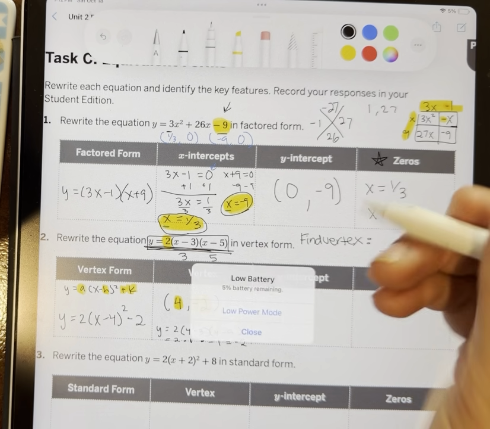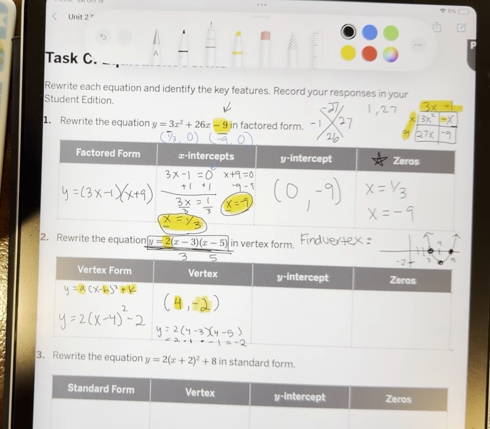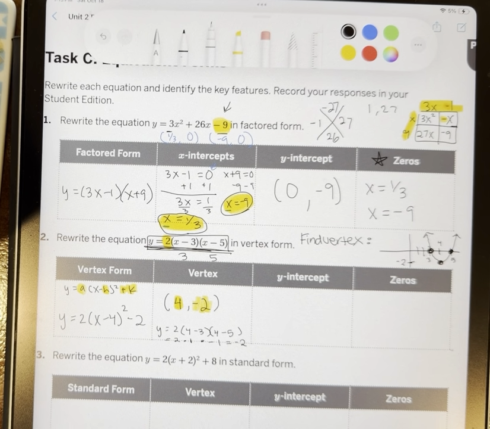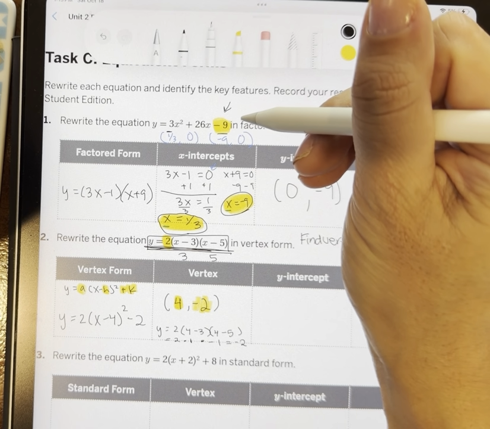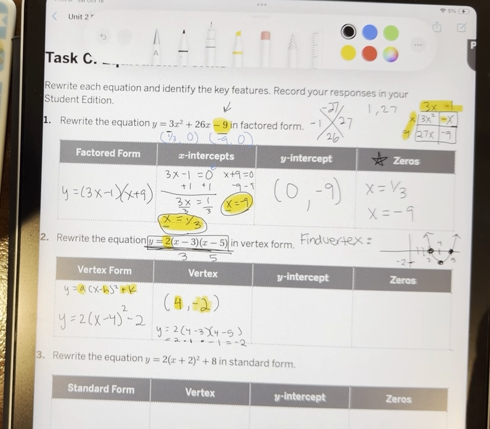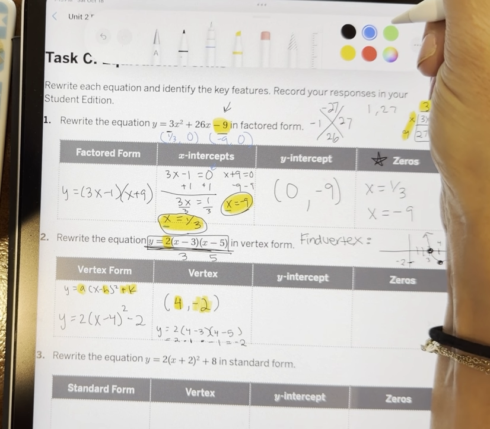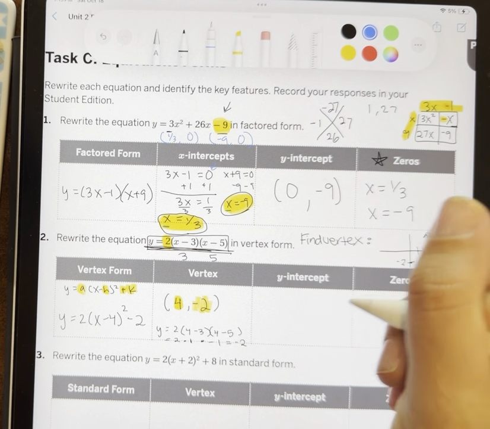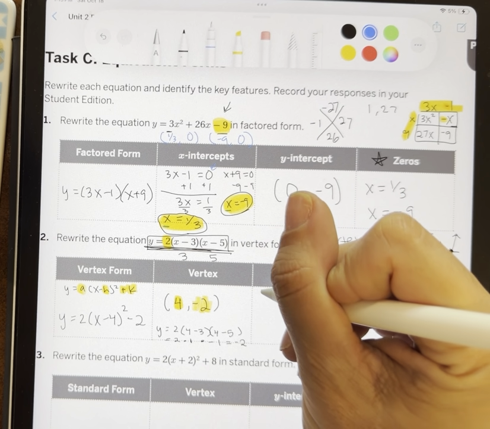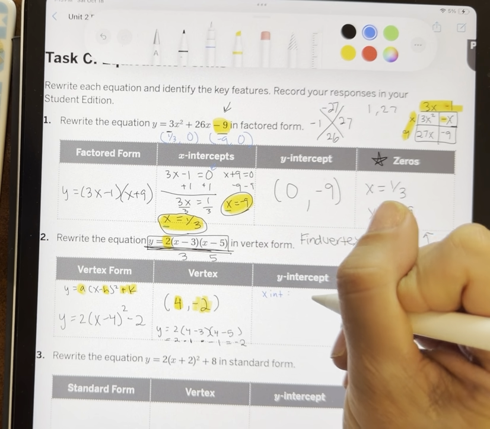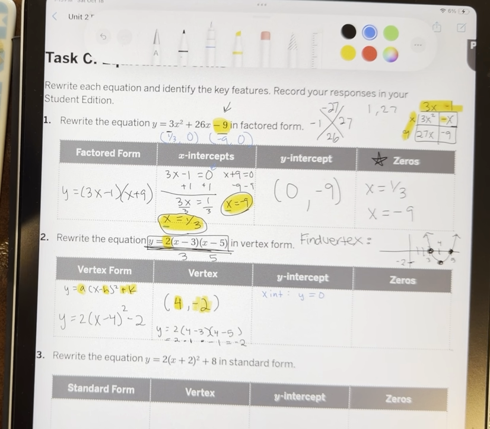Okay, what's the y-intercept of this? The y-intercept is easy to find in standard form, which I unfortunately do not have, okay? But please remember the sign that's been on our board this whole unit, looking for an x-intercept, plug in 0 for y.